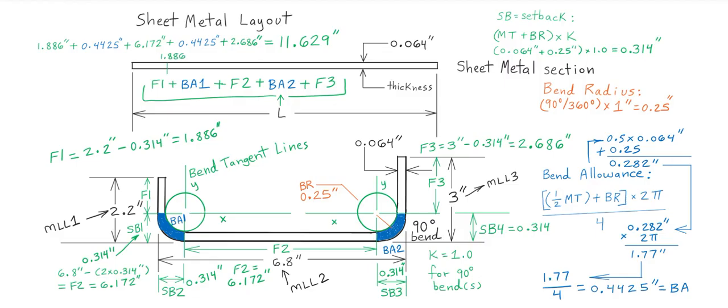So now if we were to put the sheet metal brake starting on the left side, we would measure 1.886 inches to account for F1, and then we would place the start of the bend here, place that to the 0-degree mark, and then we would make a 90-degree bend, a little bit more, 91, 92, because when it springs backwards, if it's exactly at 90, it will be like 88.